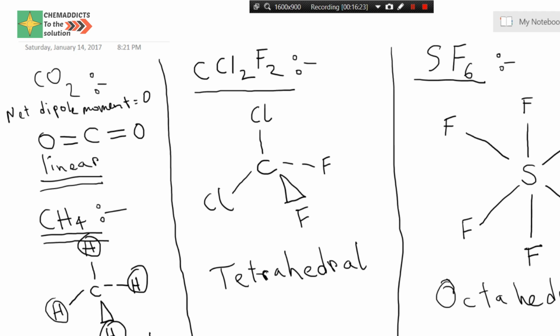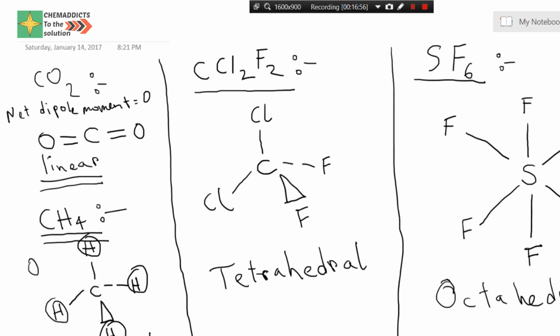So the net dipole moment would be 0 in this case also, since this is a symmetric molecule, and we have the same atom around this carbon atom.